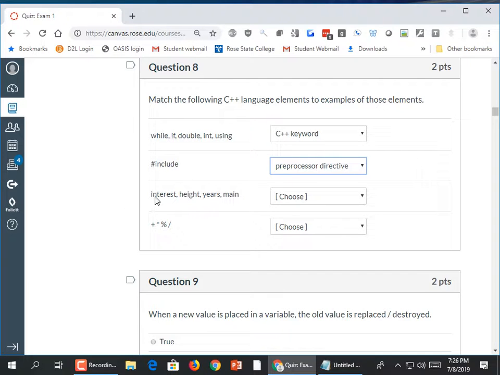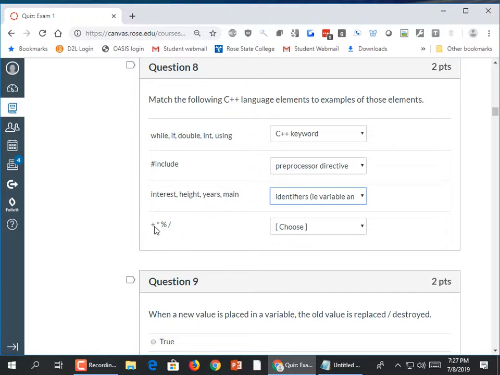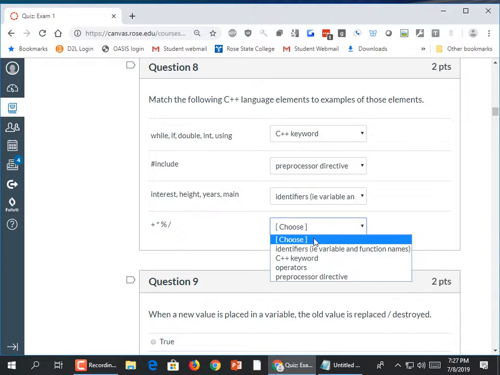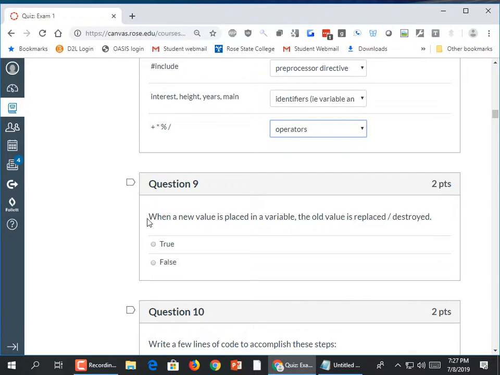If they're not a keyword, if they're things we made up, that makes them variables, identifiers. And symbols are operators. When a new value goes into a variable, the old one is lost. Yeah, that's true. Once you set x equal to 10, whatever it equaled before that, unless you had it stored somewhere else, it's gone.